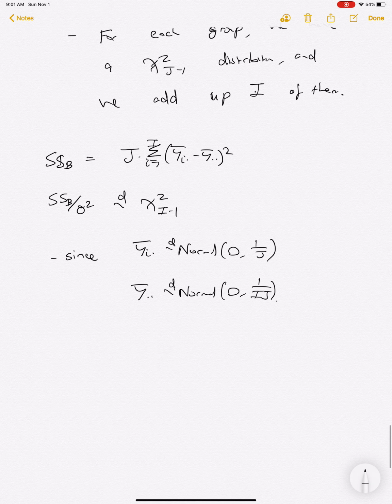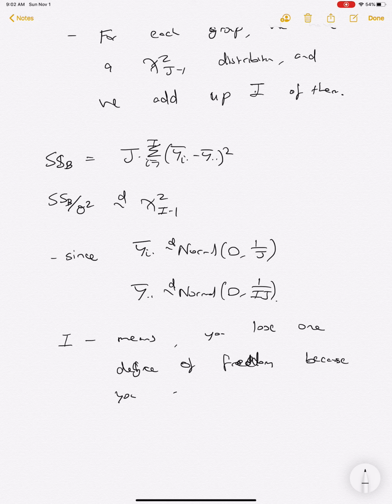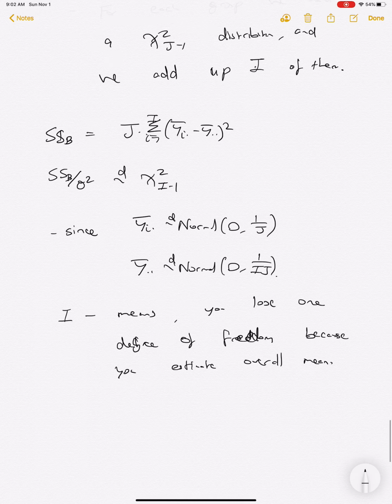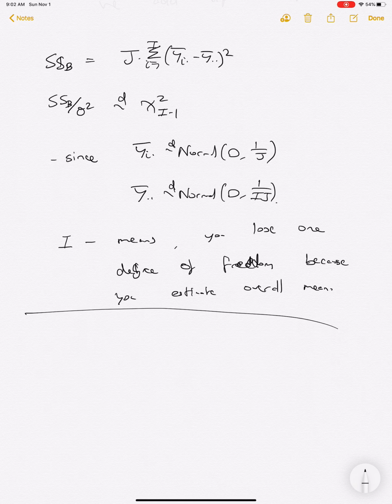So you're adding up I means, and you lose 1 degree of freedom because you estimate the overall mean.